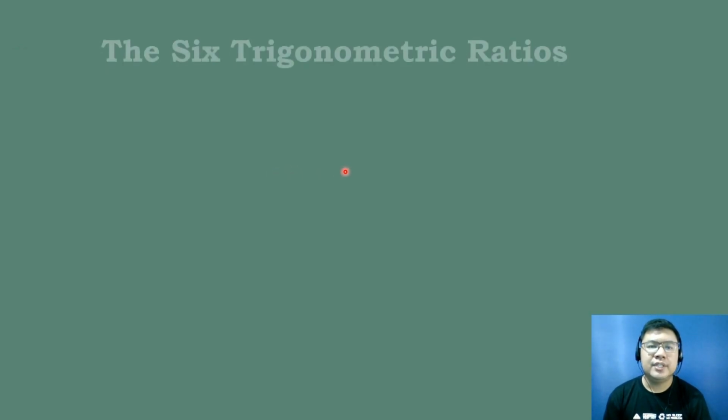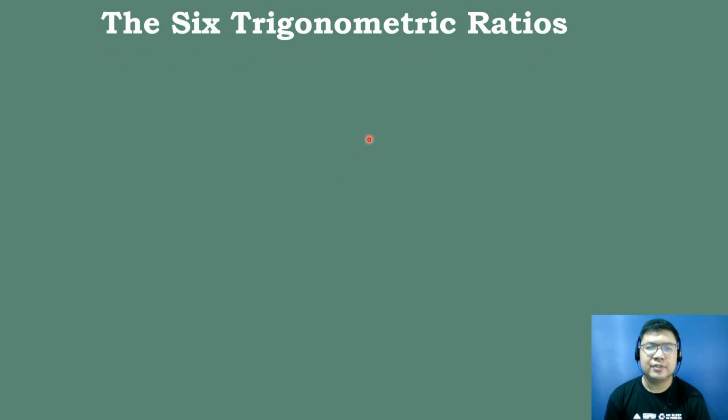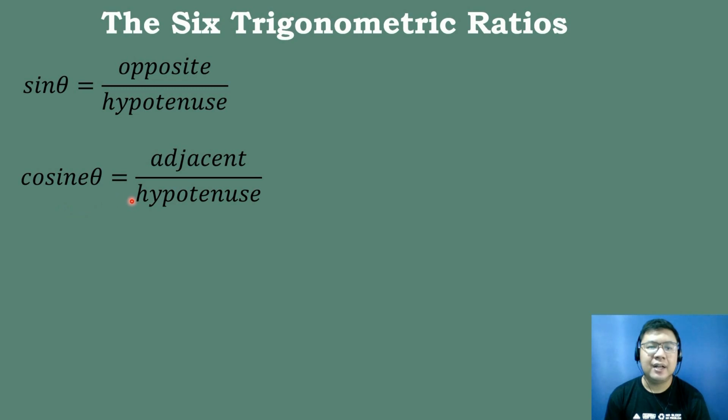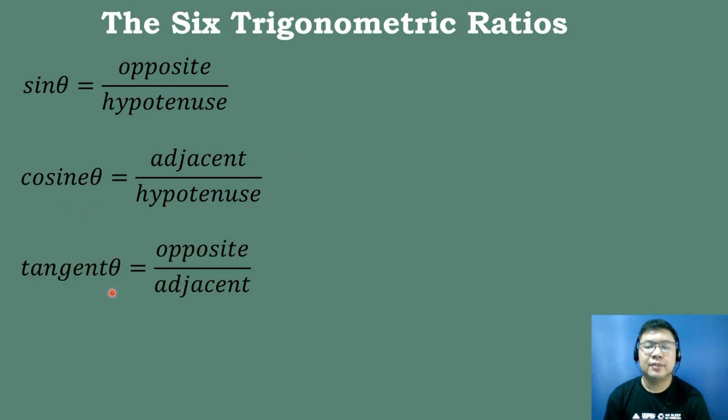So these are the 6 trigonometric ratios. We have sine theta is equal to opposite side all over the hypotenuse. Then we have cosine theta equals adjacent side all over the hypotenuse. And then we have tangent theta is equal to opposite side divided by the adjacent side.